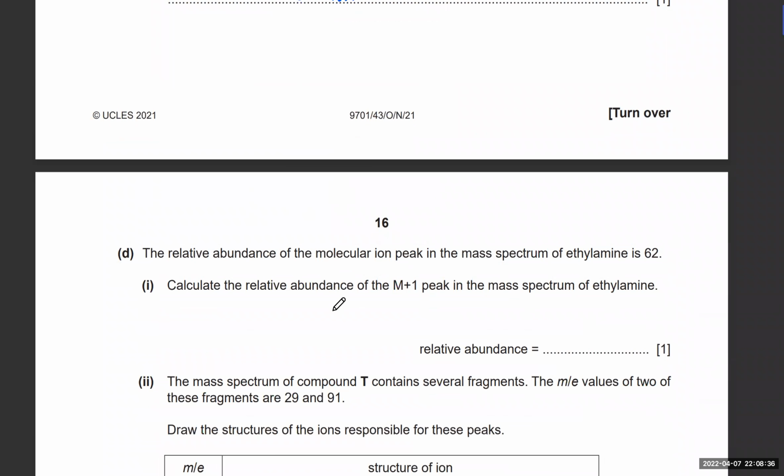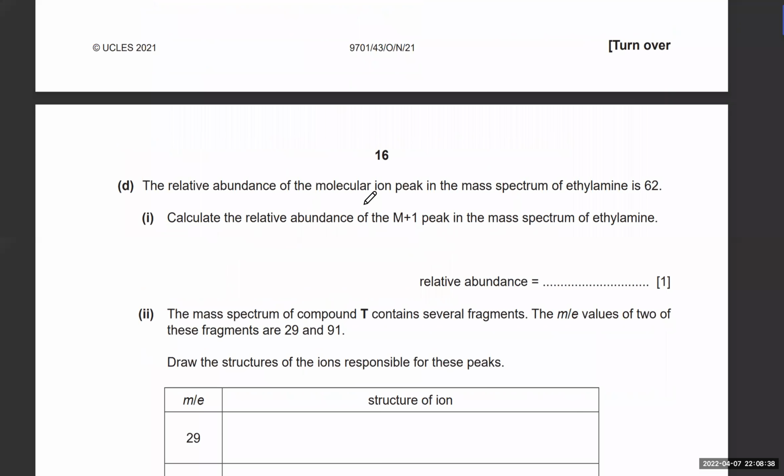And then you have the M+1. Calculate the relative abundance of the M+1 peak in the mass spectrum of ethylamine. The relative abundance of the molecular ion peak in the mass spectrum of ethylamine is 62. First, what was the formula for the number of carbon atoms?